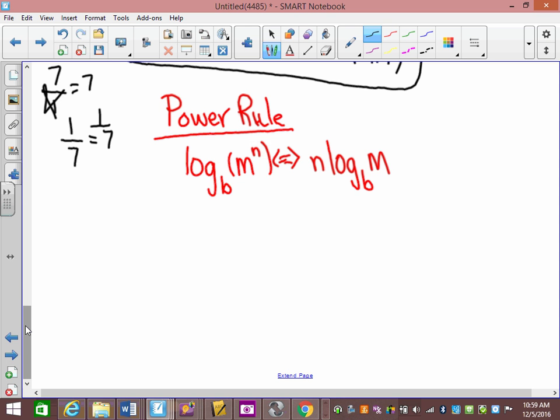Okay? So, an example. Write as a single logarithm.